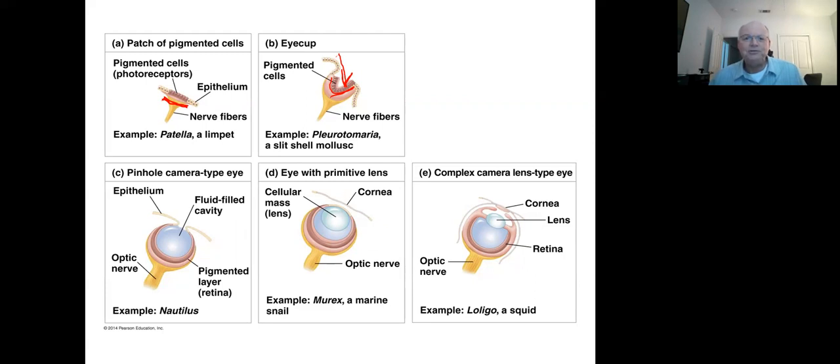You know which direction the light is coming from. And so mollusks with this cup-shaped light detecting device have a little bit more information because they can tell the direction the light is coming from or the direction the shadow could be coming from. So they are better informed, and this is of benefit to them.